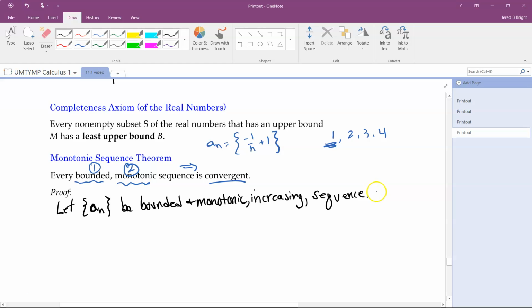Let S equal the limit of a_n. So we've defined that boundedness.